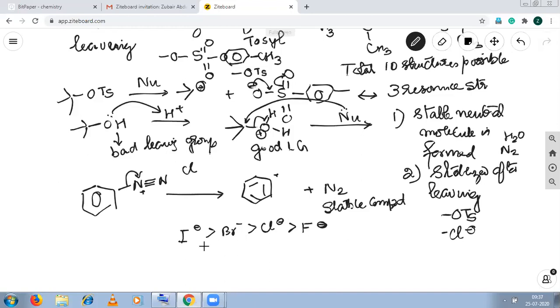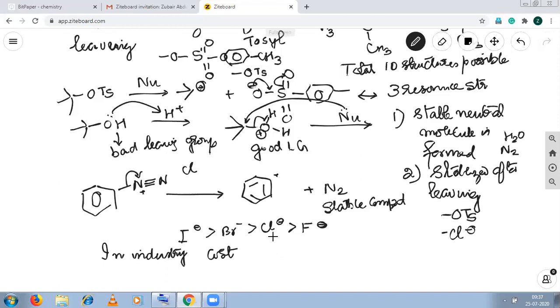Well, but this is only when you consider the nature of the leaving group. But in the practical aspect in the industry, if you are doing this experiment, the prime concern is cost. I minus is a good leaving group, but the cost of iodo compounds is very high.